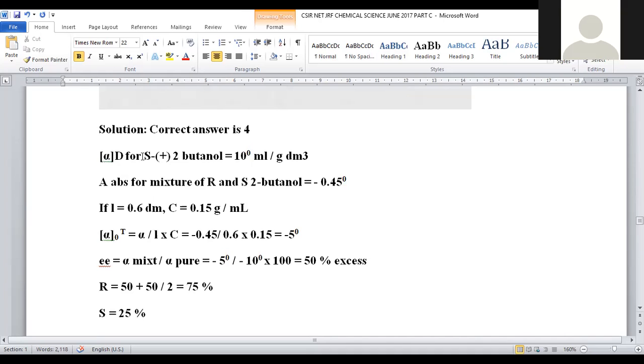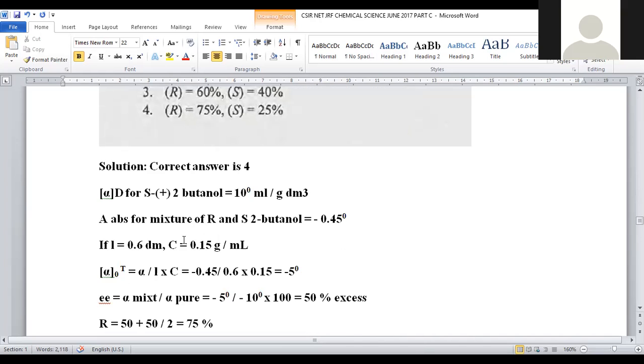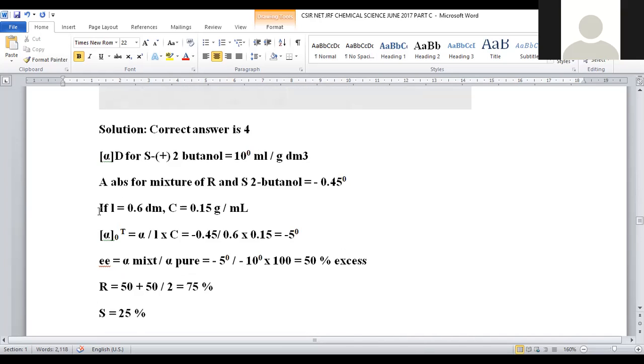The rotation for S-(+)-2-butanol is 10 degrees, which is given in the problem, right? Then the observed rotation for the mixture is minus 0.45 degrees.